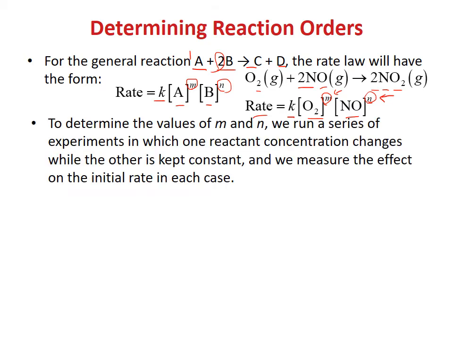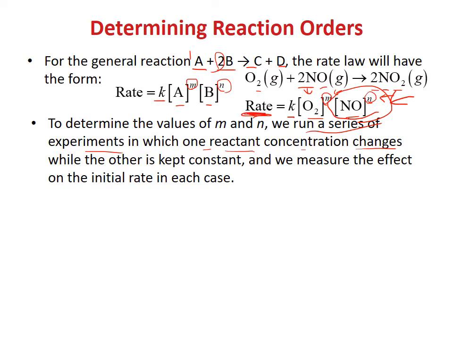So we run a series of experiments in which one reactant concentration changes while the other is kept constant. For example, we keep NO constant, so this part doesn't change. We only change the oxygen concentration and measure the reaction rate.